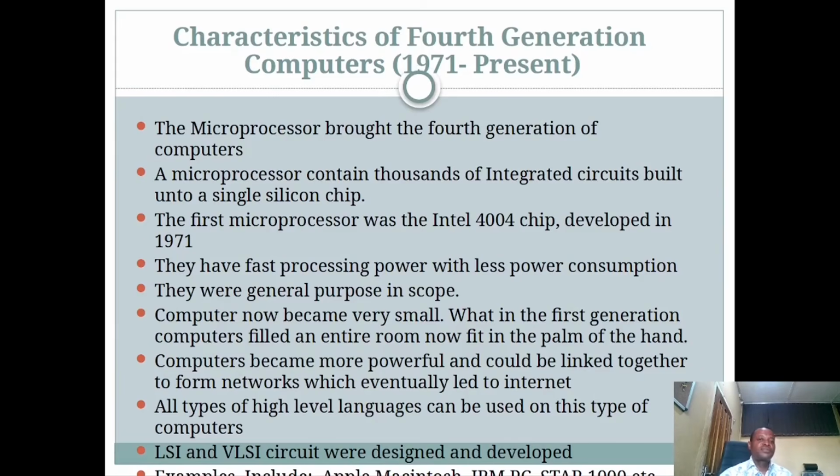Some people will call it processor, some people would refer to it as microprocessor.